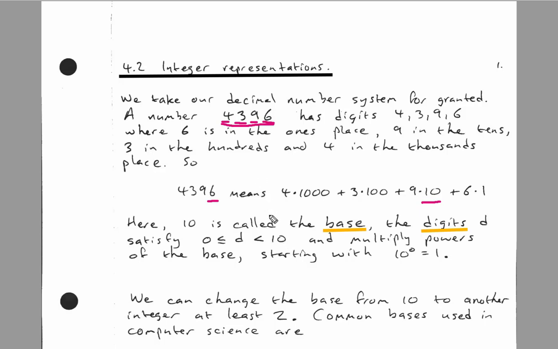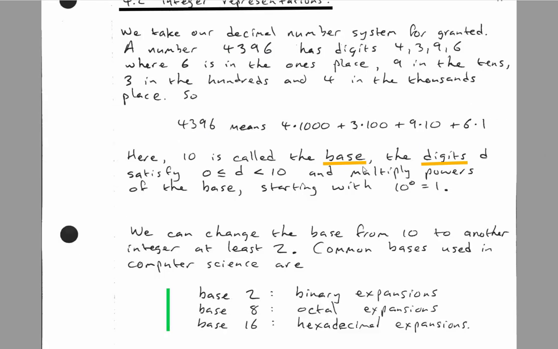And in this section we look at different ways to represent integers where we change the base. The base can be any positive integer, at least 2. Base 1 doesn't make sense.